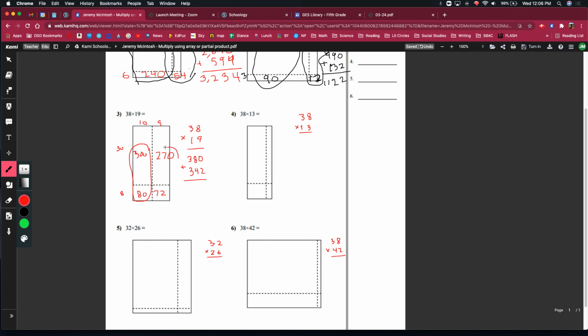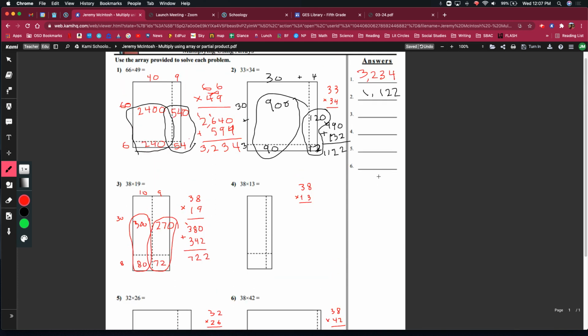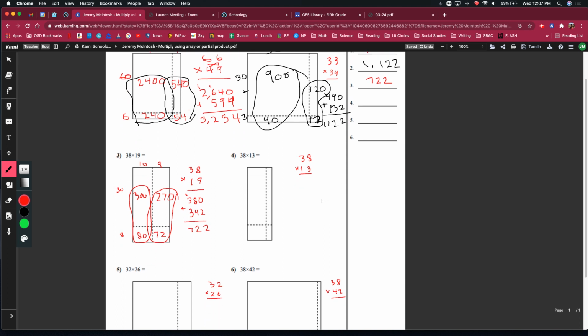So when I add 270 plus 72, I get 342, which is what I put right here. Now I'm going to combine and add them up. 0 plus 2 is 2. 8 plus 4 is 12. Carry my 1. 3 plus 3 is 6 plus 1 is 7. 722. So 38 times 19 is 722.